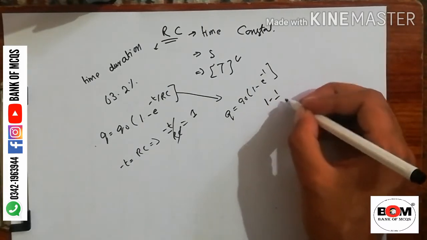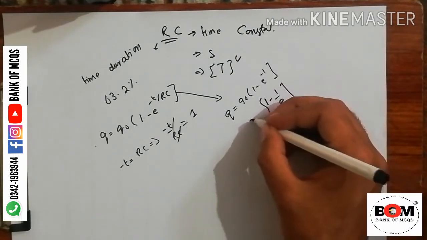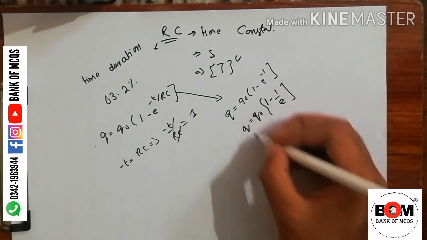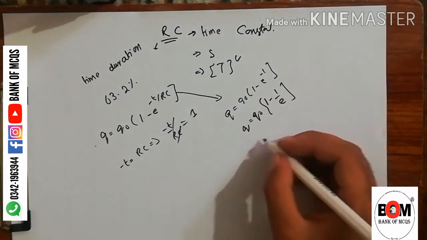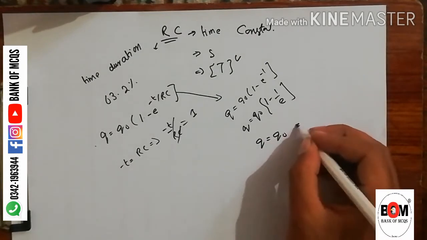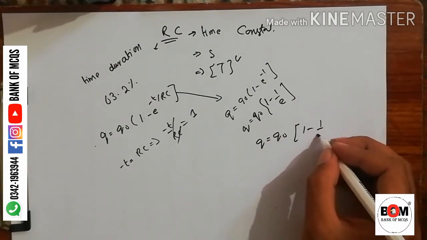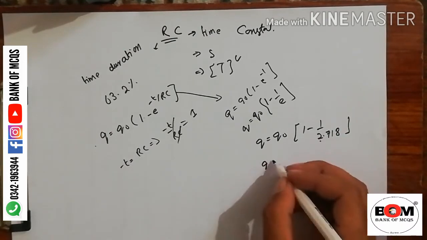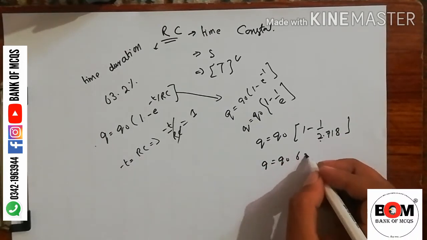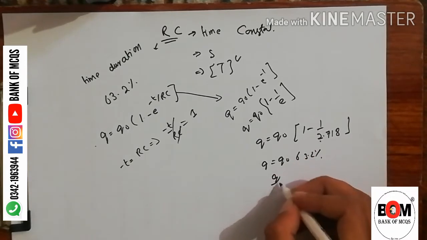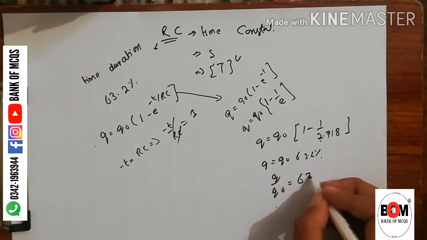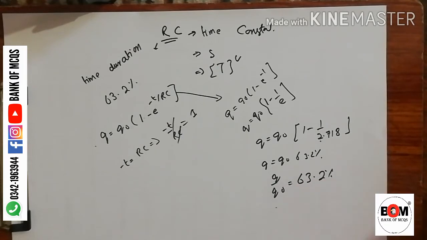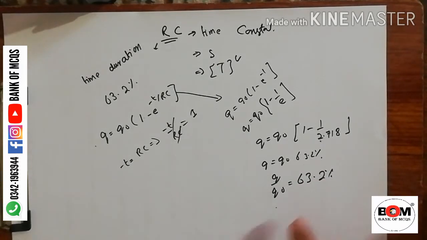This can also be written as Q is equal to Q naught times 1 minus 1 by e, or Q is equal to Q naught times 1 minus 1 divided by 2.718. Solving these, we get Q divided by Q naught is equal to 63.2%. So this was the relation for charging.